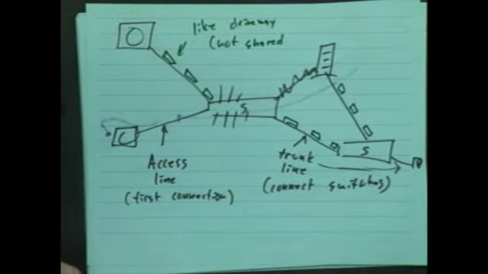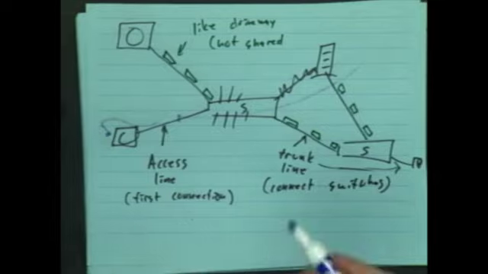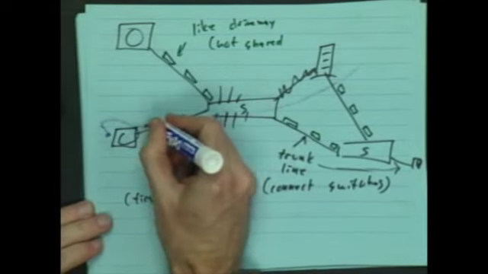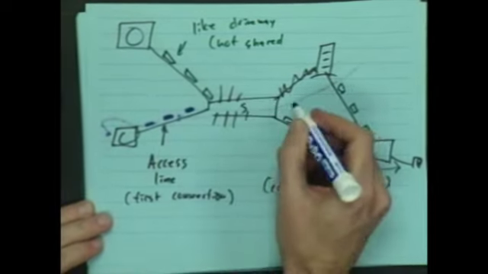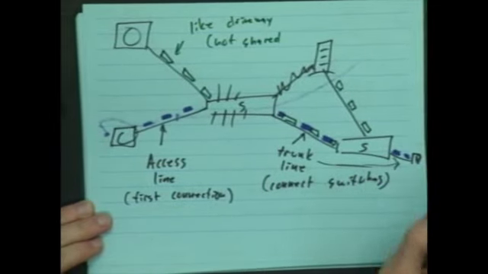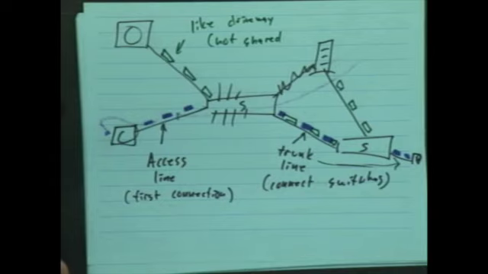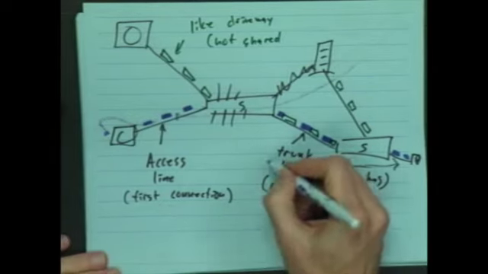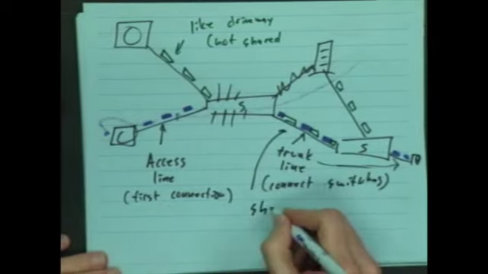Okay? If we talk about this other connection, and this person also might want to be sending things, we can see that there are places where they are sharing their capacity.